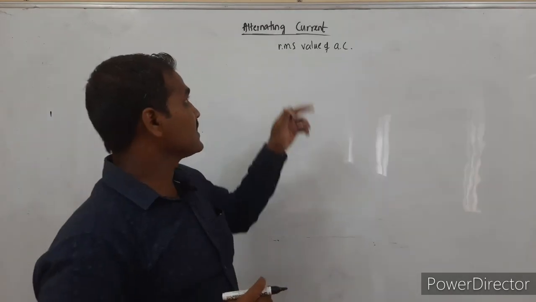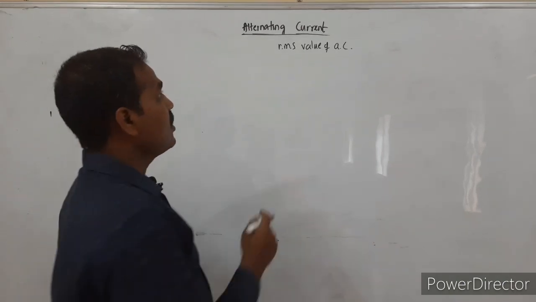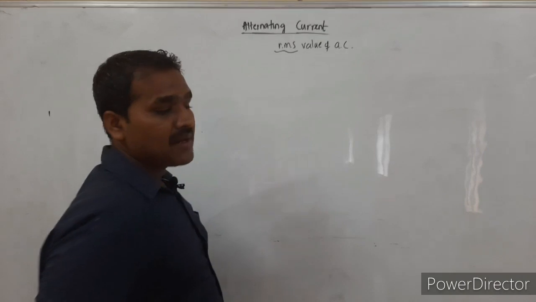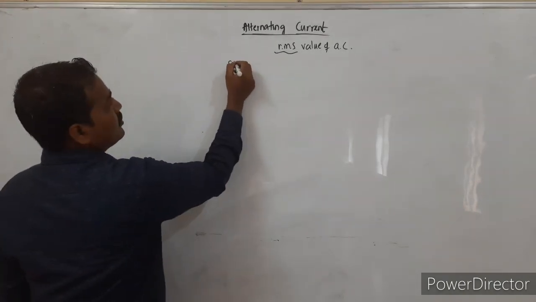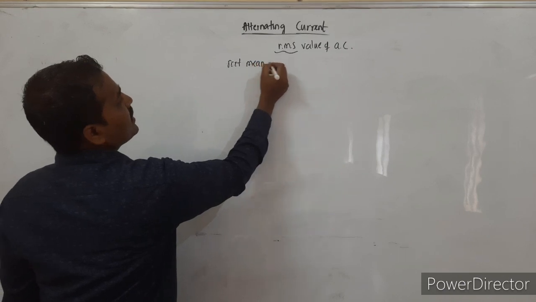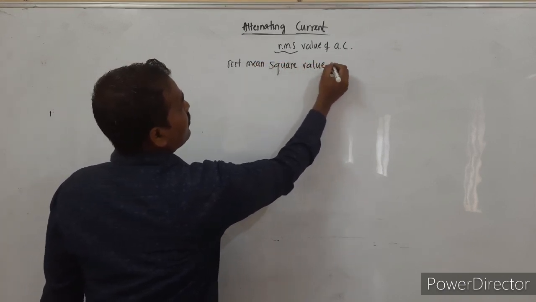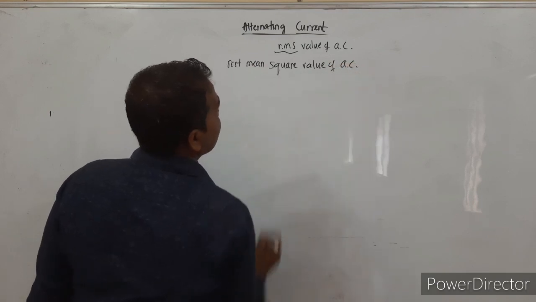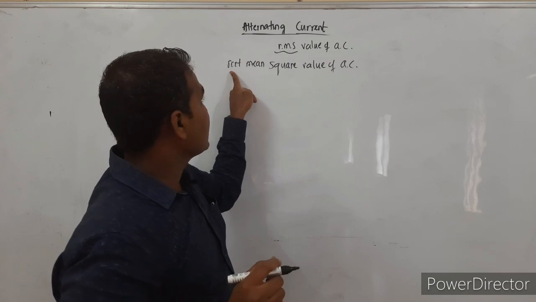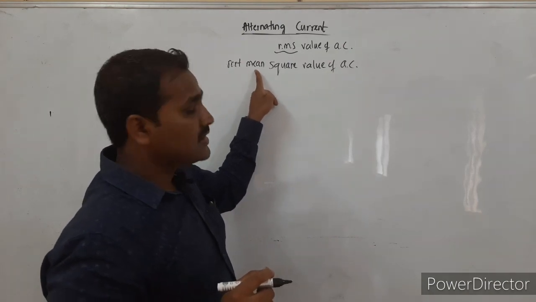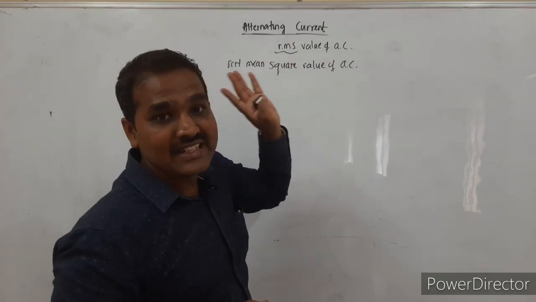Yes, next we shall discuss the root mean square value of alternating current, or simply we call it the RMS value of alternating current. It is the root mean square value. As the name suggests, it is the square root of the average of the squares of instantaneous currents.